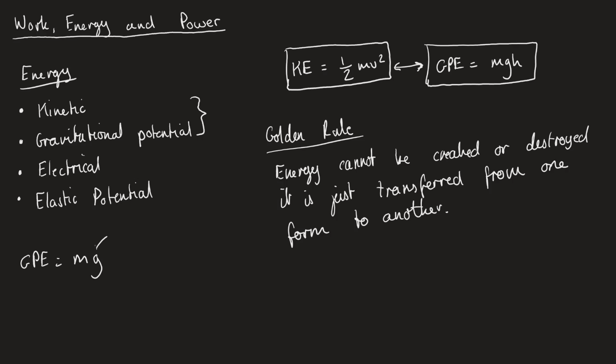Now g is a physical constant, that is 9.81 meters per second squared. This is the acceleration due to gravity on the surface of Earth. And h is the height above the Earth that you are. So this means the higher you are, the more gravitational potential energy you have.